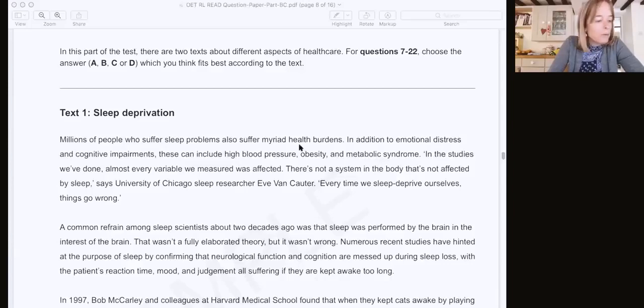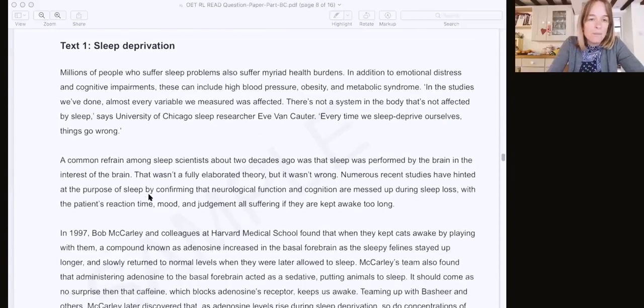So this is all the impact of sleep deprivation, and it's all research that has already been done. It says, in the studies we've done, almost every variable we measured was affected. So they're basically reinforcing what has already been said. There's not a system in the body that's not affected by sleep. So yeah, that's all great.